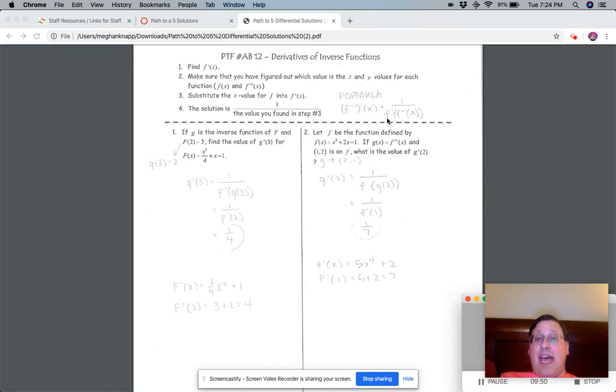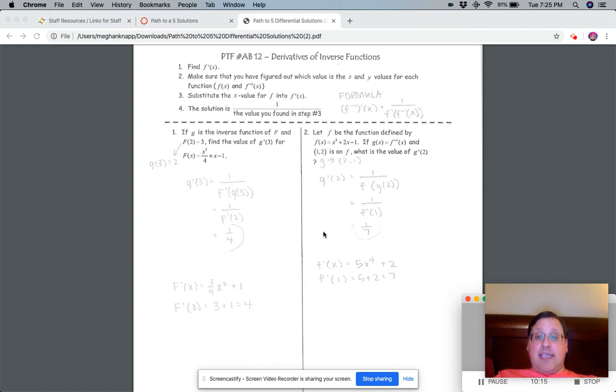So that's f prime of 2, because we know g of 3 is 2. How do we find f prime of 2? Let's take f. You can see me circling it. Move down here. We can find f prime with the power rule. And then plug in x equals 2 to get 4. That's where we get 1 over 4.